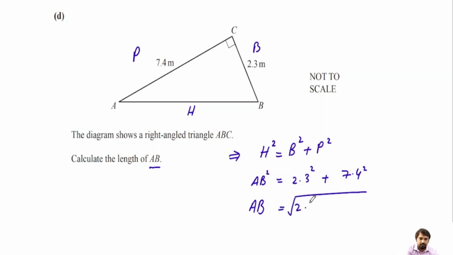We have AB is equal to square root of 2.3 square plus 7.4 square. Now use your calculator, and the value of this one is 7.749. So this is the answer of AB.